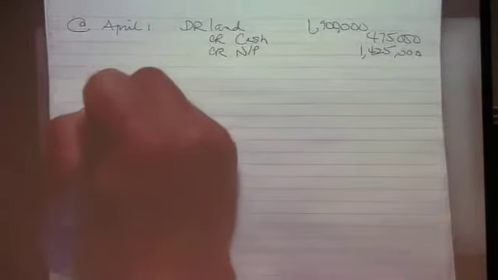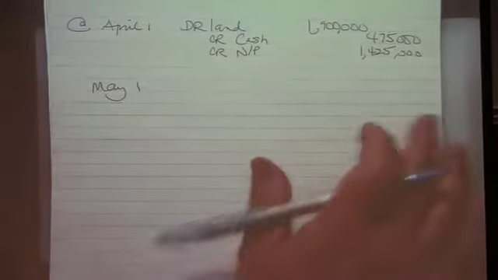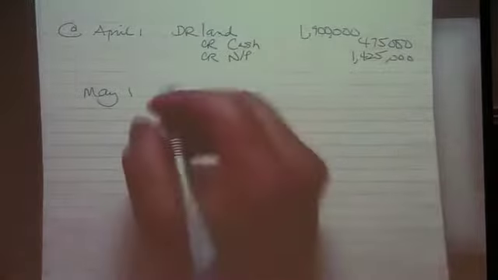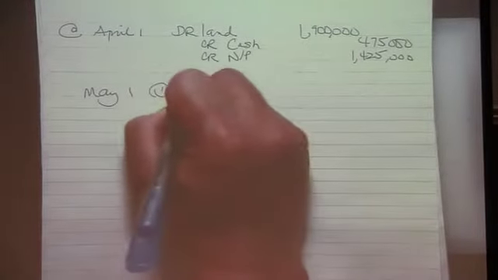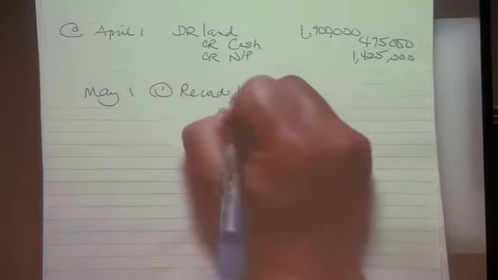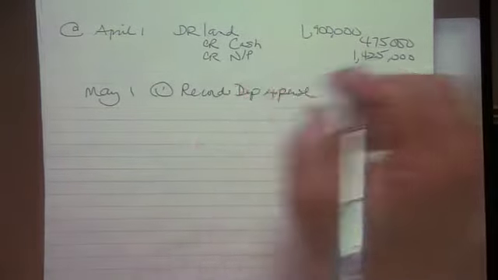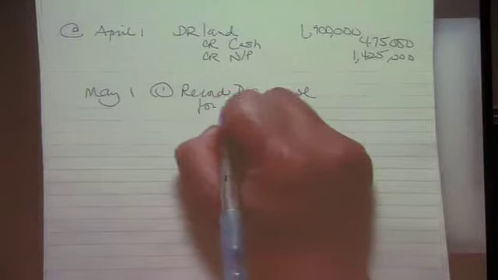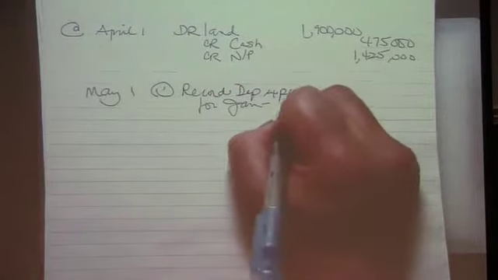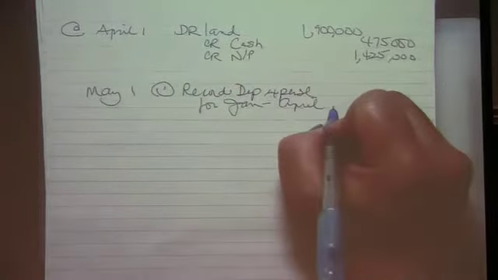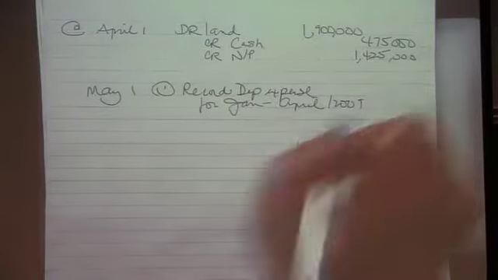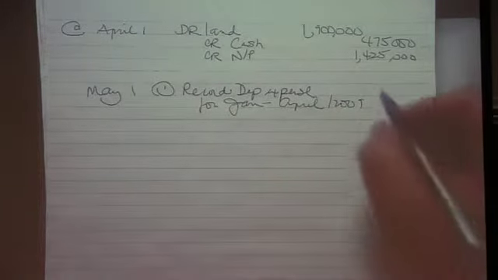So the first thing I need to do on May 1st is to record the depreciation expense for January to April. And how many months is that? That would be 4 months, right?